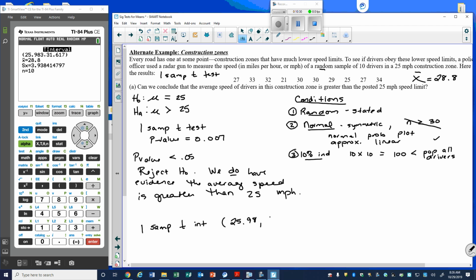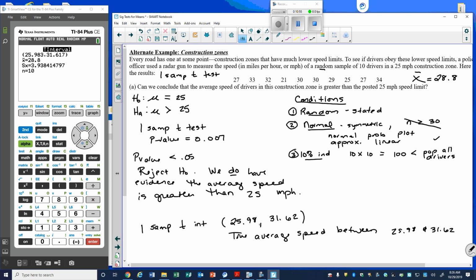And we're going to calculate that value to go from 25.98 up to 31.62. Okay, so what this interval tells me is the true average speed in this construction zone falls somewhere between 25.98 and 31.62.